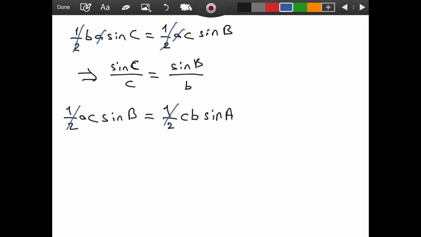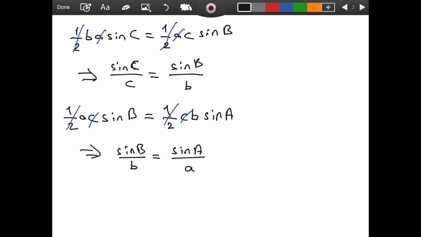The 1 over 2's and c's are gone. So if we divide both sides by a and then divide by b, we get that sine of B divided by b is equal to sine of A divided by a.